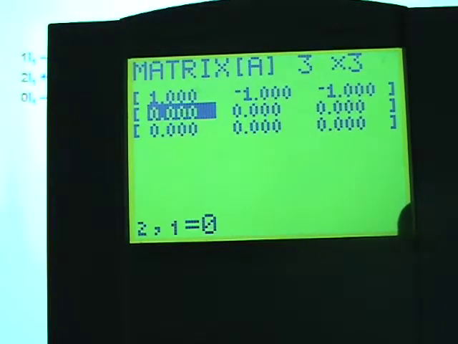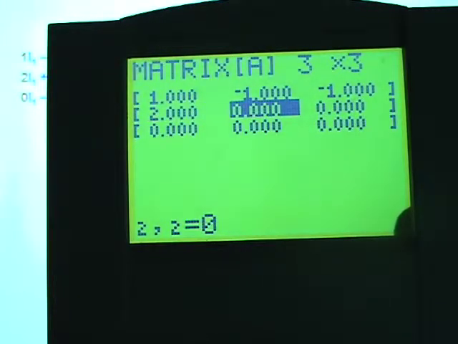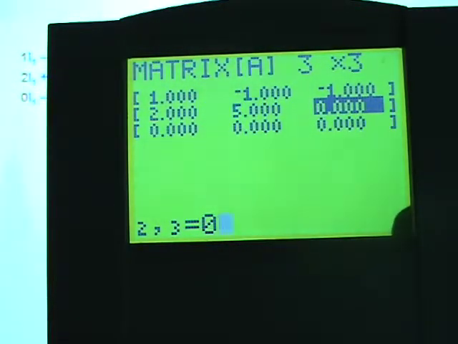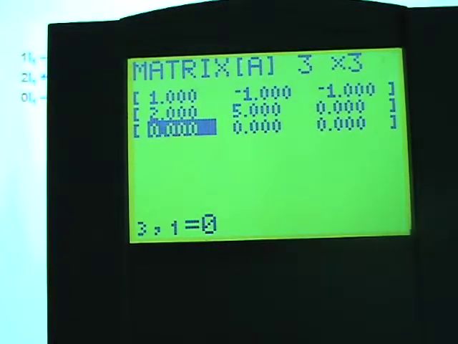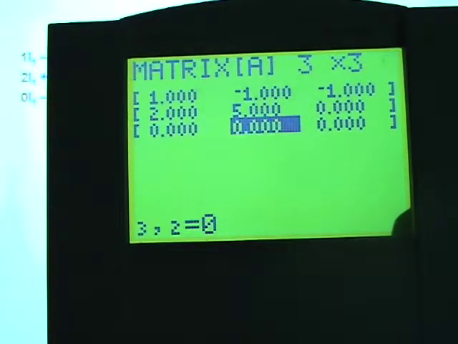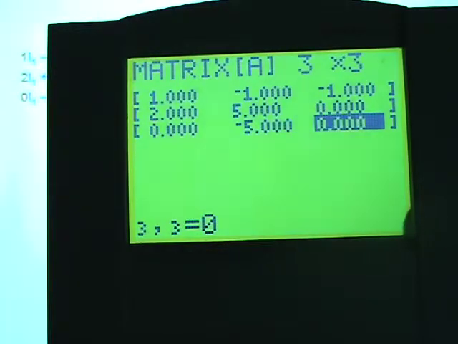Now the second equation, that's a 2, enter, 5, enter, 0, enter. Now I have finished my second equation, 2I1 plus 5I2 plus 0I3. You go to the third equation, 0, enter, negative 5, enter, 4, enter. There you've got the coefficient matrix, which is a 3 by 3 matrix.